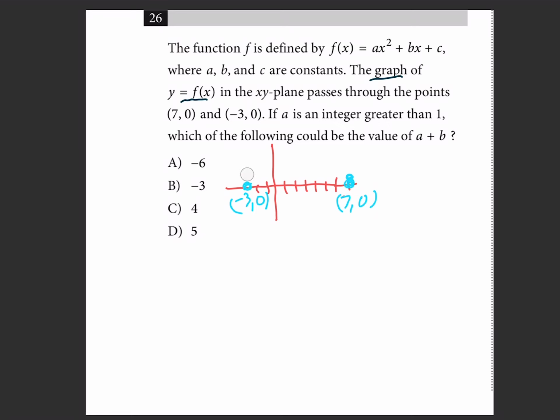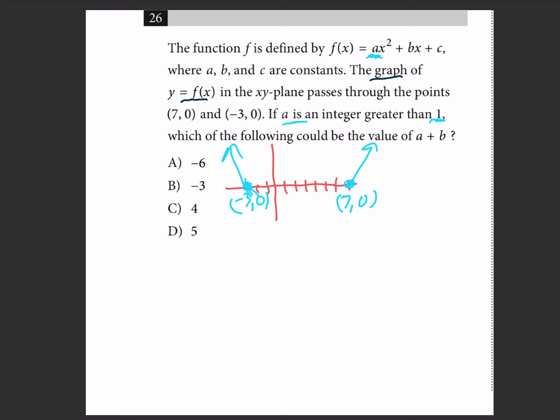So now what do I do? Well, I have to look at what other information they gave me: we know that a is an integer greater than 1. Okay, so that tells me right away that a is positive. And if you remember from these quadratics, these parabolas, if that leading coefficient is positive, that means that it opens up, meaning that the ends go up.